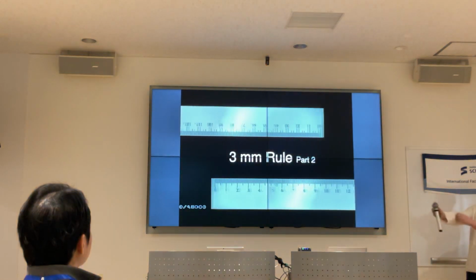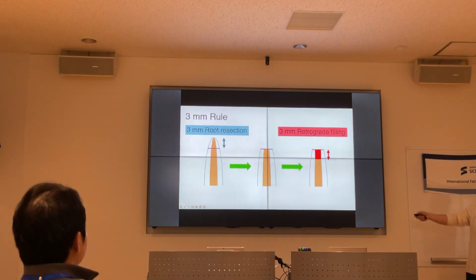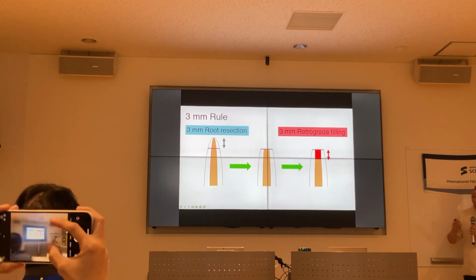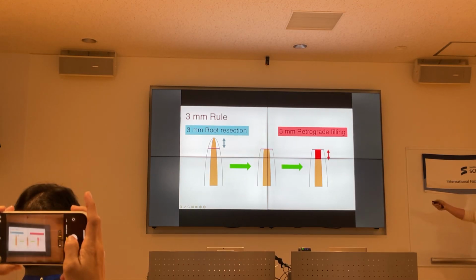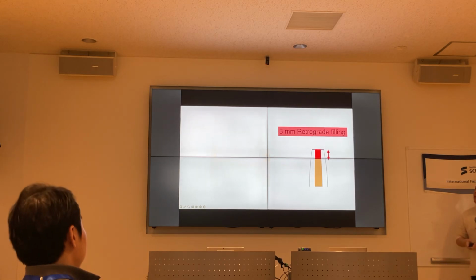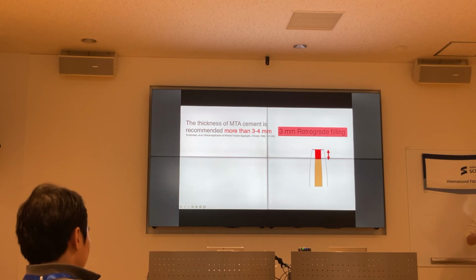So let's talk about the 3 mm rule, part 2. Part 1 was 3 mm root resection. I said before that 3 mm root resection is not necessary. Then let's think about 3 mm retrograde filling. The reason for 3 mm is sealing ability. From previous articles, the recommended thickness of MTA cement is more than 3 to 4 mm.